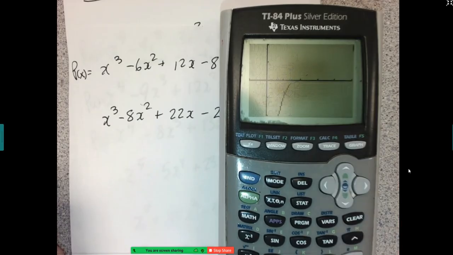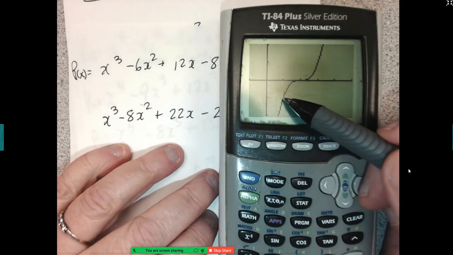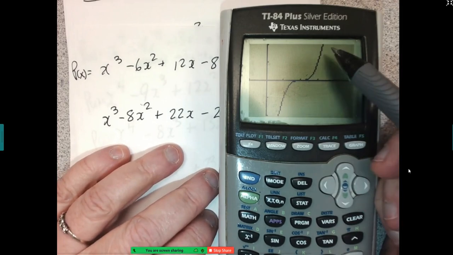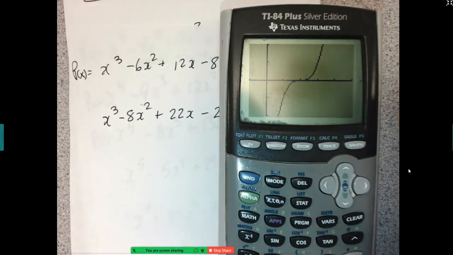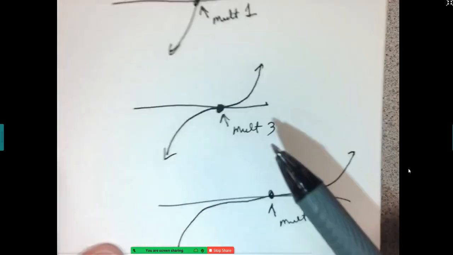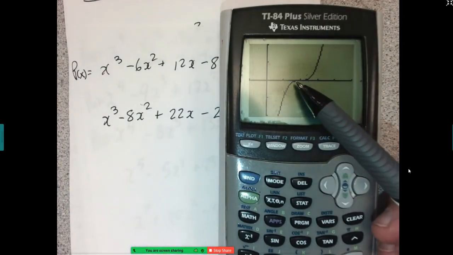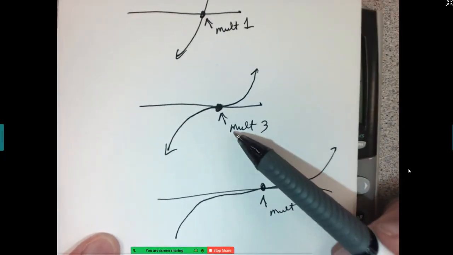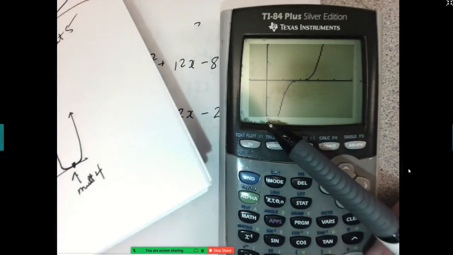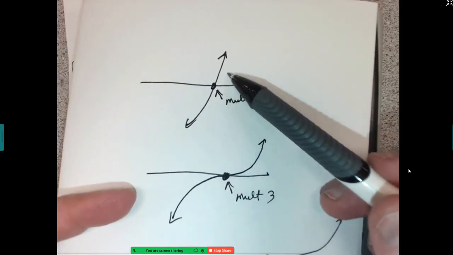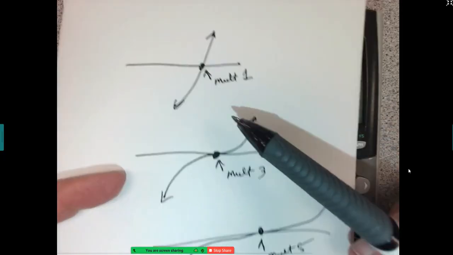Let's see what's going on. Okay, we can see that it is crossing through at 2, and we can also definitely tell that there is this flattening effect. So it has odd multiplicity because it crosses through, and since it has that flattening effect, if it's multiplicity 1, it'd look more like that.